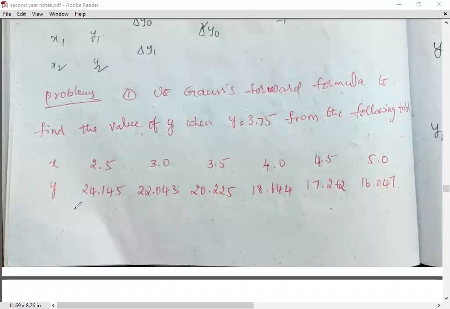We are given 6 data points. So in the difference table, we will get 5 differences. So for any problem, we need to first form the difference table, find the value of p, take the formula and use all the values from the table. We can evaluate y at the required x.